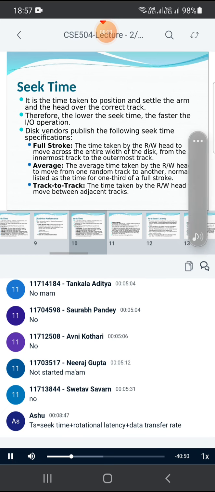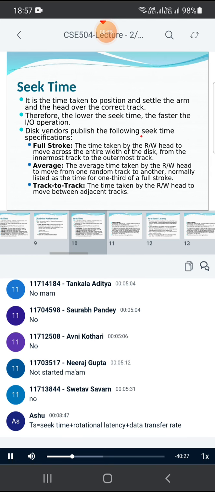And for identifying that location, the head needs to move from outwards to inwards, inwards to outwards, so that it can find the particular track where the data is located. So seek time is the time taken to position and settle the arm and the head over the correct track.